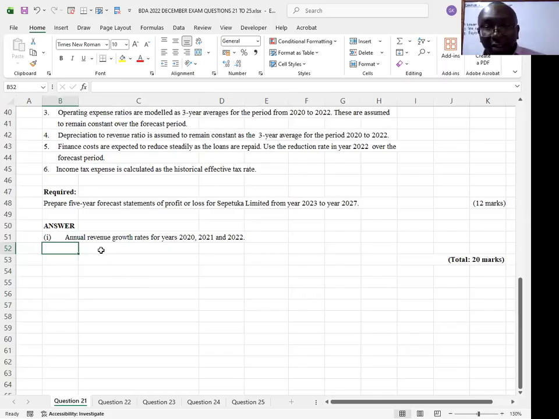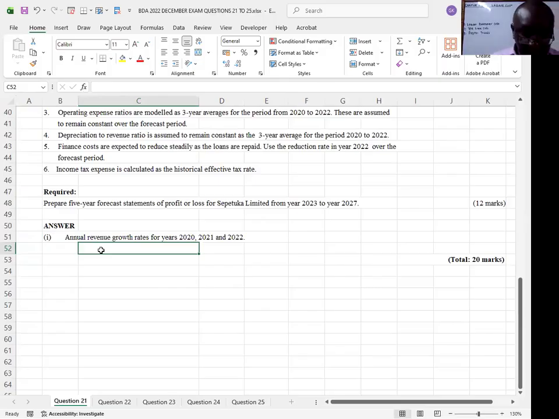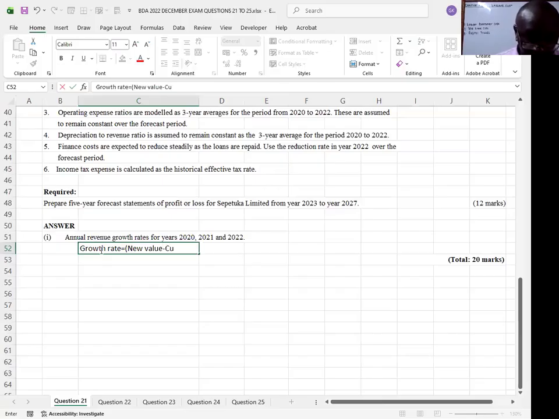Now, how do we get the growth rate? The growth rate is simply, open the brackets, you get the new value, you minus the current value or the old value, you close the brackets, then you divide by the current value.